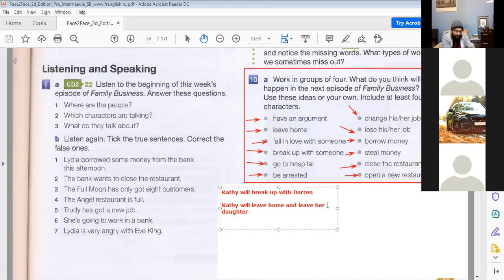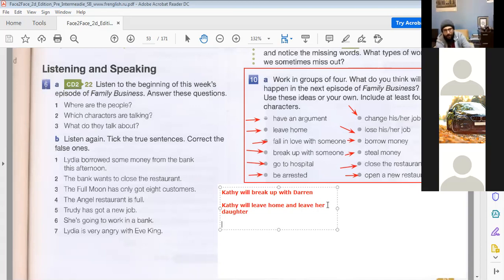Yeah, so maybe the fire. Okay, my question is the fire a good thing for the Full Moon or a bad thing? Bad thing. Why bad thing? Why do you think it's a bad thing? Maybe they didn't have need to keep going to the restaurant. My question is, remember the problem.